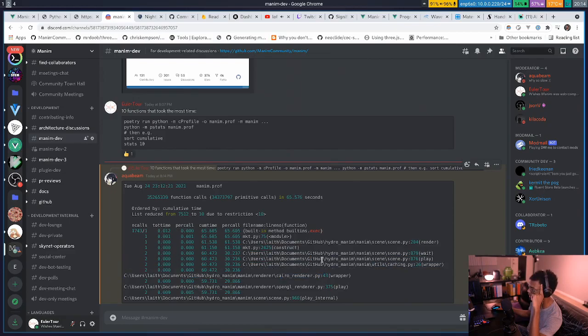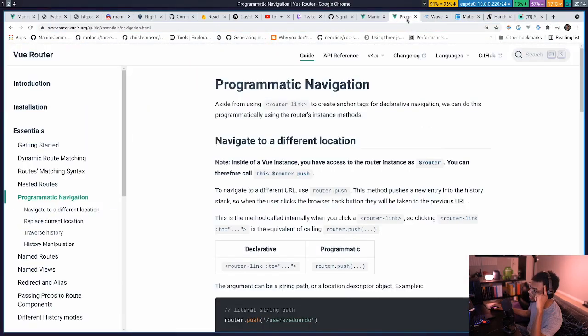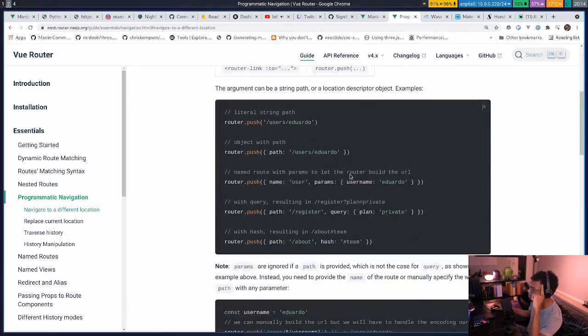This Cairo renderer thing, 7,000. Well, honestly, I think it'll probably take more. Probably need more than 10. I'll see if I can find the other way of profiling, because it did line by line.